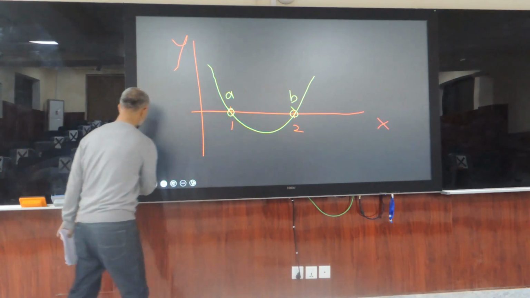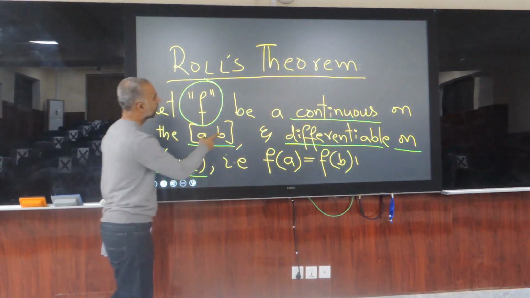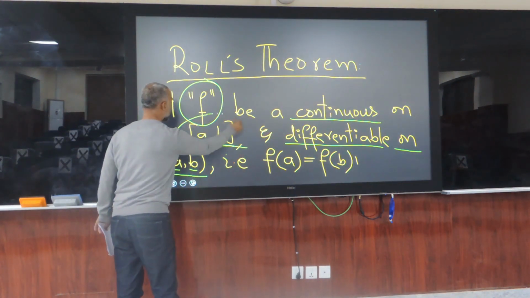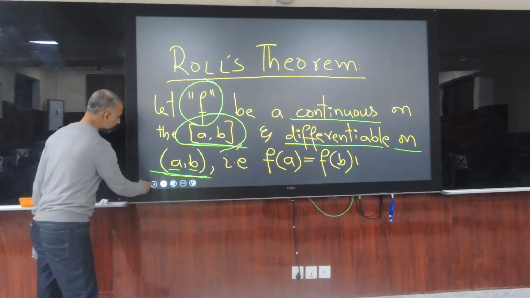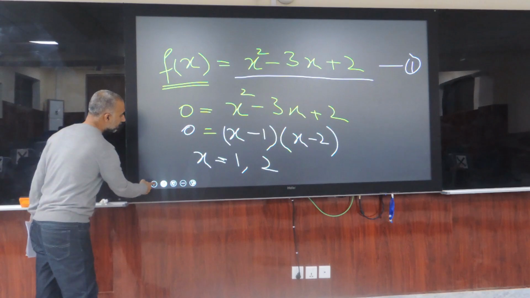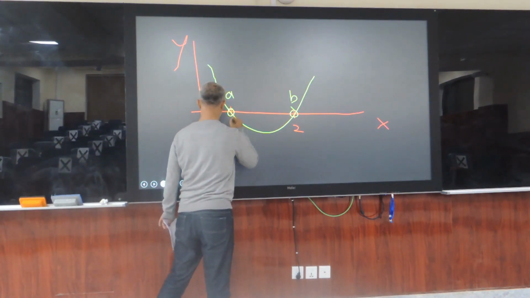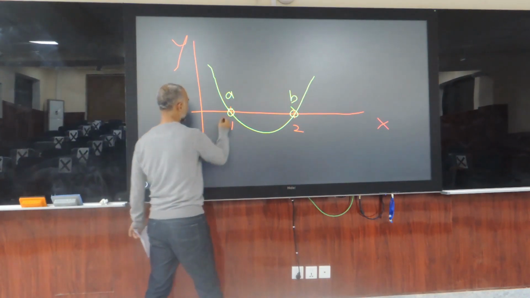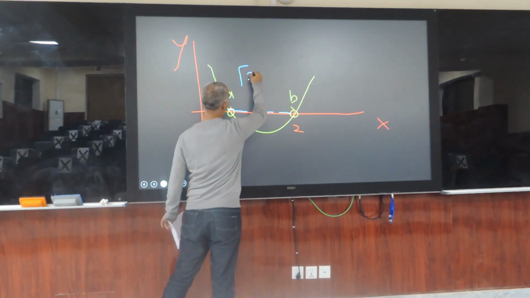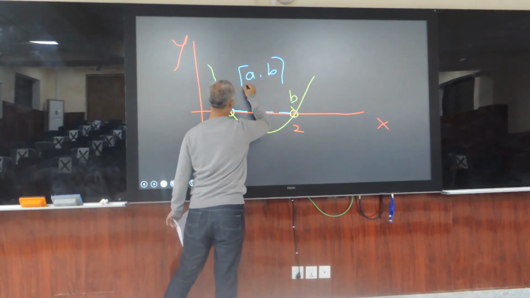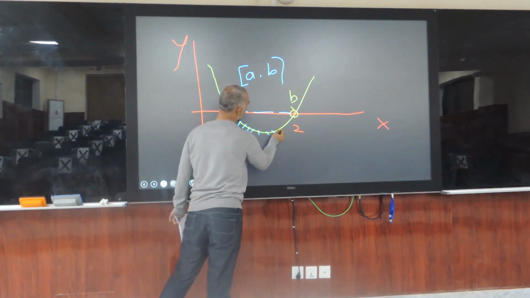Then in the closed interval, the function is continuous on this closed interval and differentiable on it. From this point to this point, it is continuous from A to B, reaching from A to B, and differentiable, changing at every point.